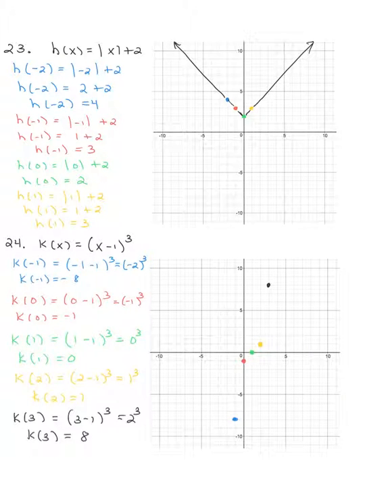I think I can kind of see the pattern now. This is kind of like your reference point, and if you go in this direction, the graph goes down 1, whereas if you go in this direction, the graph goes up 1. If I go over 2, I go down 8. If I go over 2, I go up 8. I think I know what this entire graph should at least somewhat resemble. This is my graph of K of x is equal to (x minus 1) cubed.